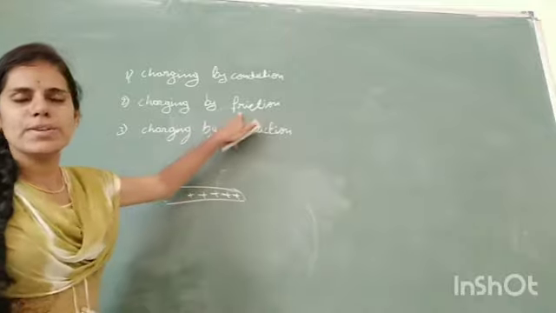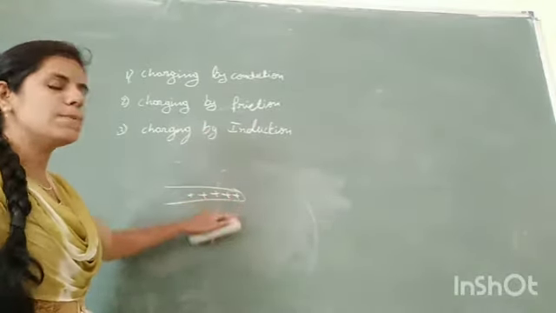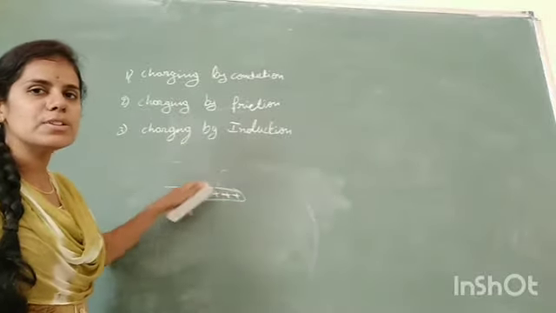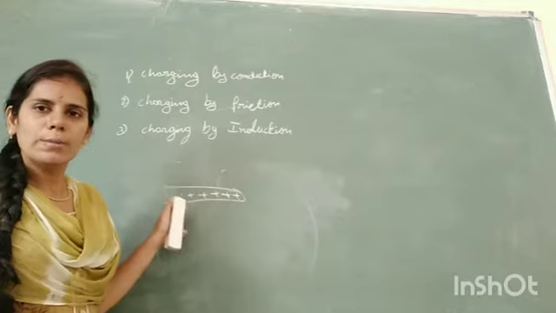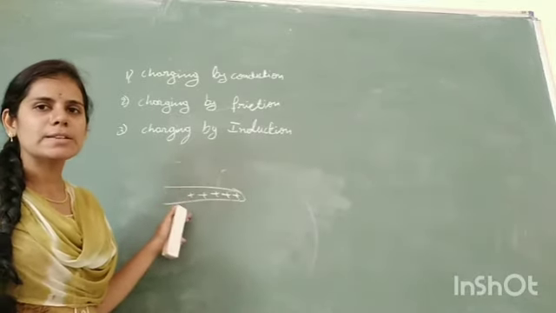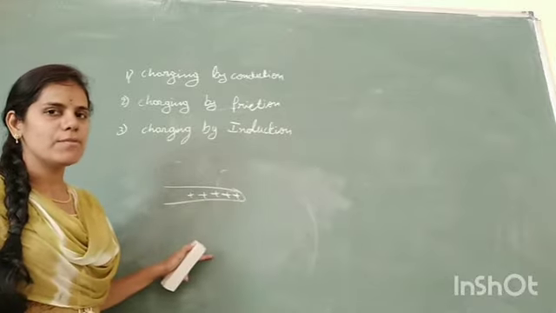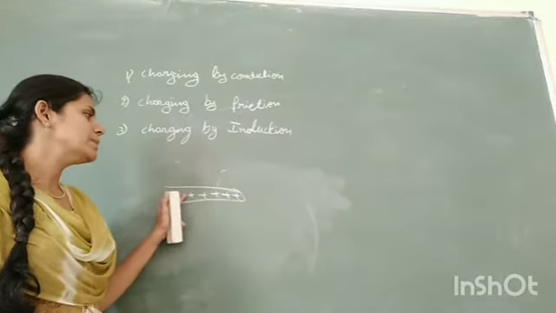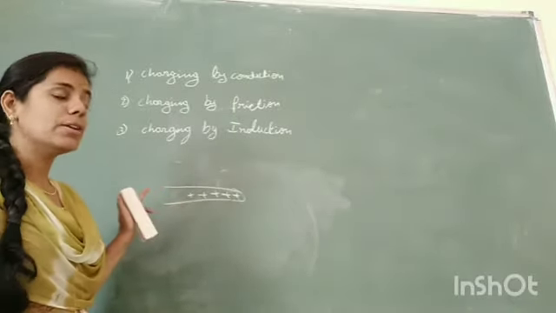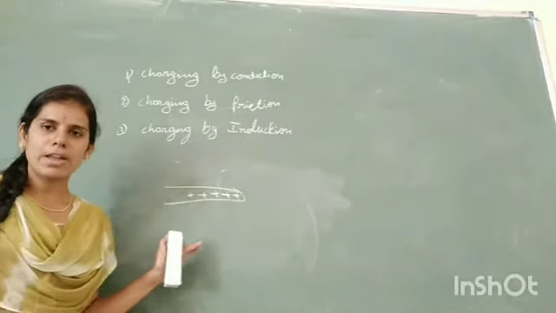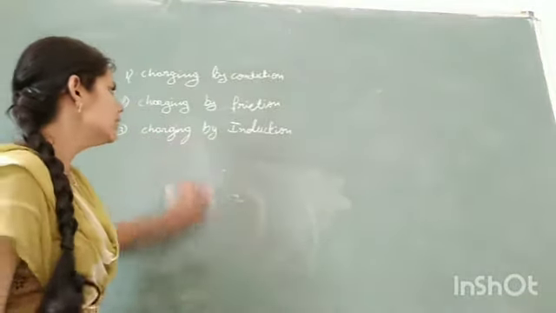Friction means we are rubbing again and again, so that it creates a positive charge or loses charge, and therefore it becomes a charged body. Depending on the type of material we have taken, it becomes either positively charged or negatively charged. This is called charging by friction.